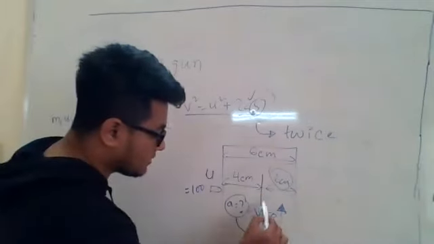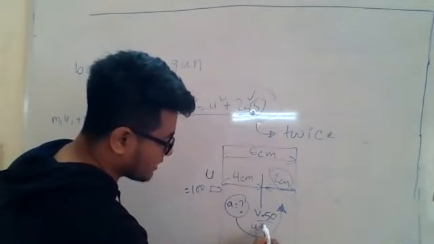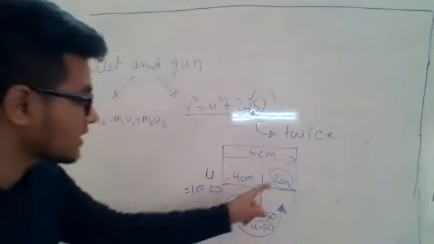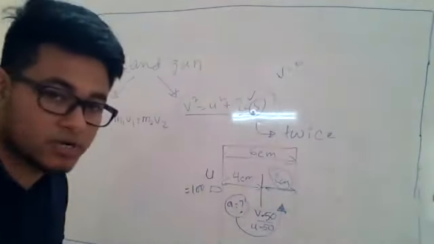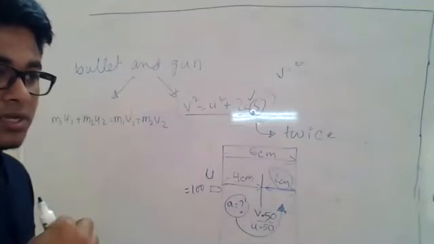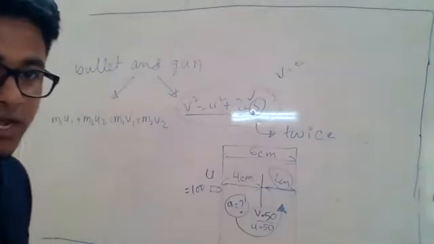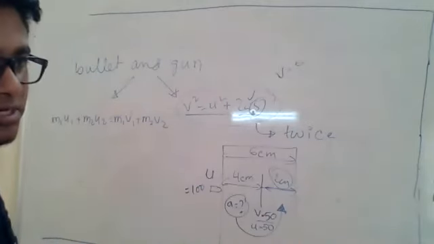Now for the second part, this is the initial velocity, and we will consider the final velocity for this part to be 0, because when the bullet stops, the velocity will be 0. So before the velocity becomes 0, what is the distance the bullet is covering?